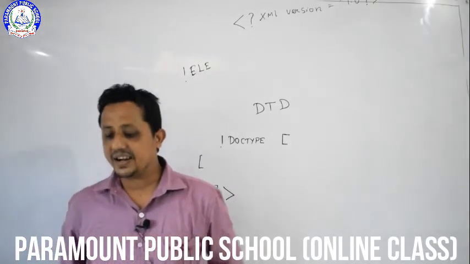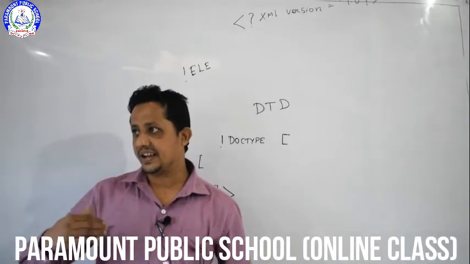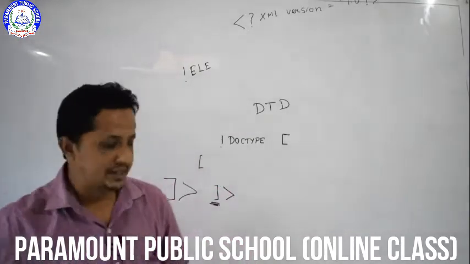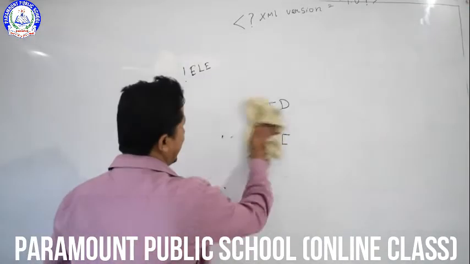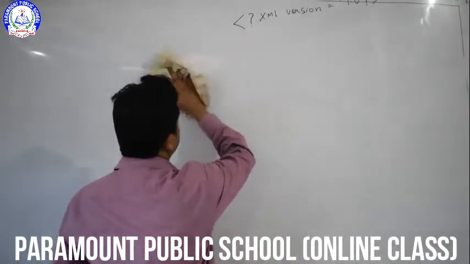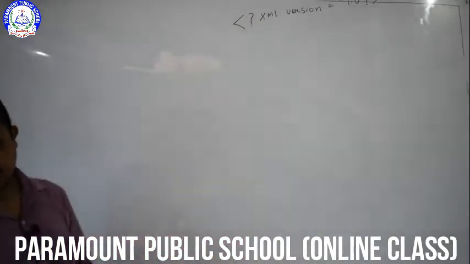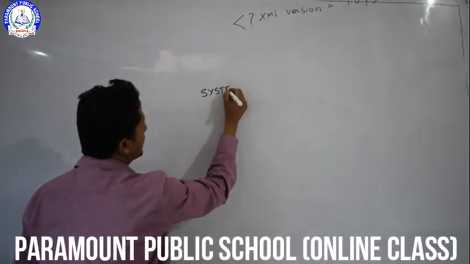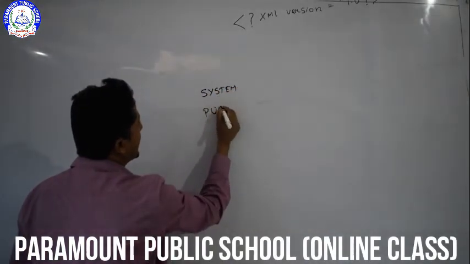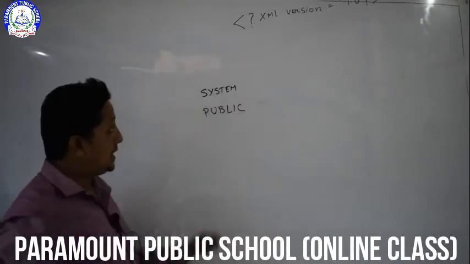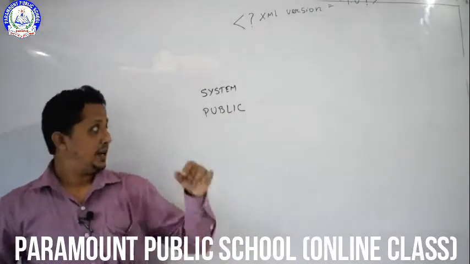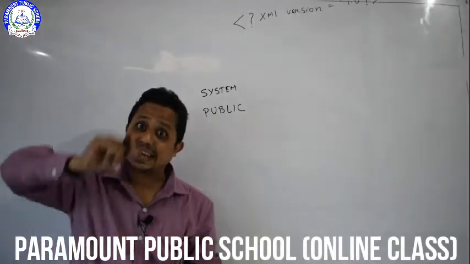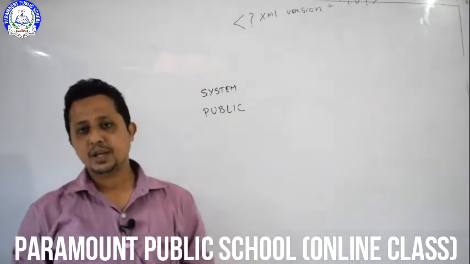And when we are referring to an external DTD, two keywords are used. One is SYSTEM, another is PUBLIC. Now, what is the difference? These two keywords are used not with an internal but with an external DTD.